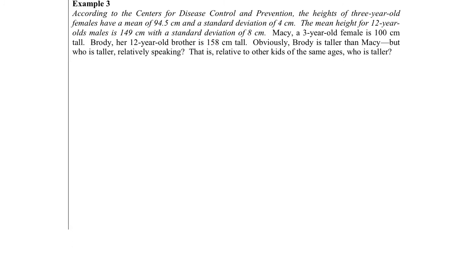Let's dive into an actual problem, and it'll help make sense of all of this. So we've got the Centers for Disease Control, the CDC. We've heard about them a lot lately. We've got 3-year-old females. They have a mean height of 94.5 centimeters, standard deviation of 4 centimeters. 12-year-old males, we've got that info. So I highlighted the key information, and what we're going to look at is a brother and sister.